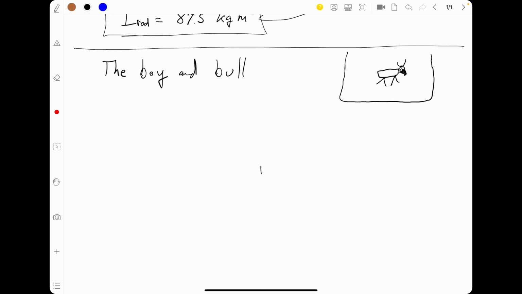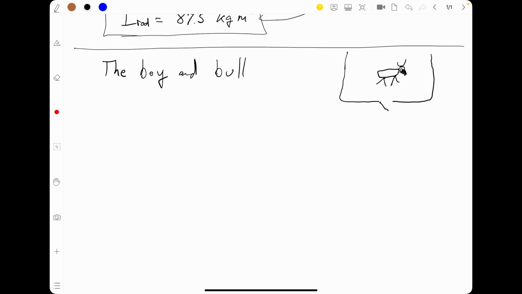Well, there's a gate. We're going to zoom in on the gate in a second, but it's big enough for the bull to get through. So the boy has to go and close the gate before the bull gets out.